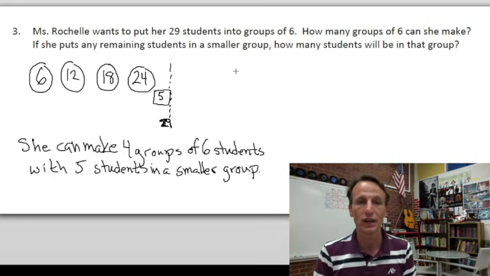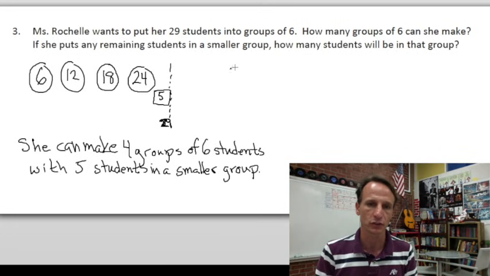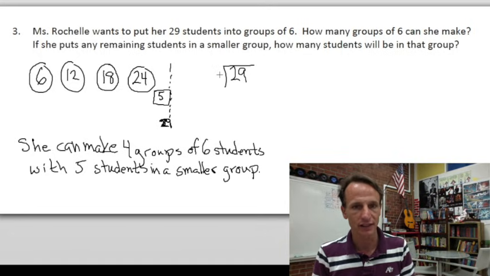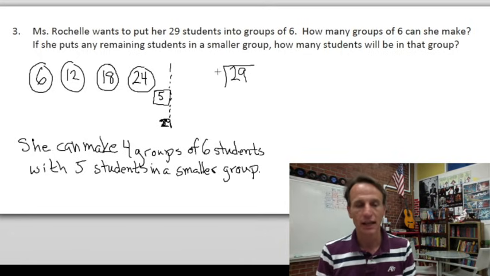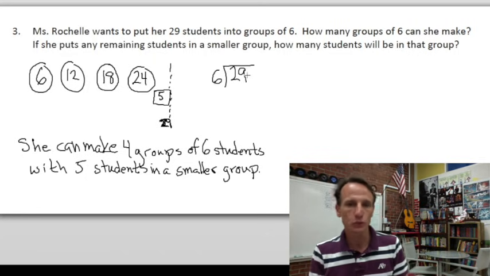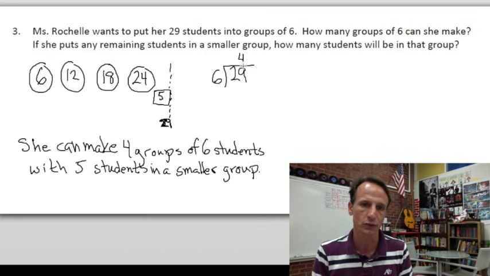All right, so let's see what the division for this would look like. We have 29 students, y'all. That's what we're dividing. That's why that goes inside the division bracket. And we're putting them into groups of 6. How many groups of 6 are there? Well, we already did it, so we know that there are 4 groups of 6.